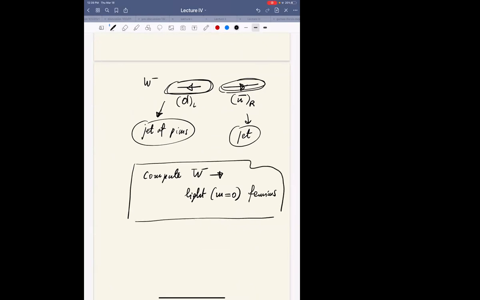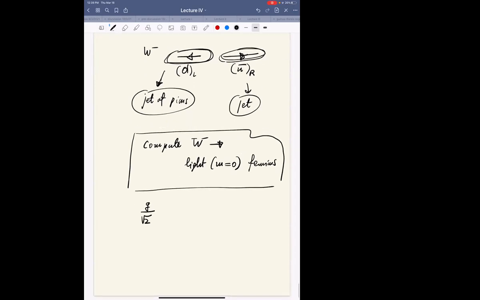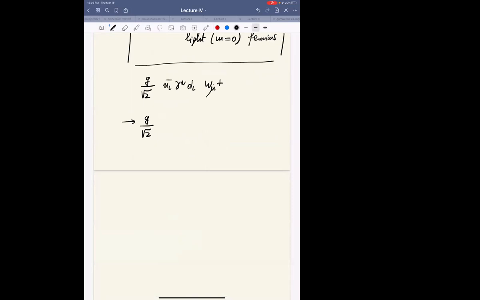We know the interaction. The interaction is g over square root of 2. It all starts from the Lagrangian, which gives me the amplitude g over square root of 2. Let's take neutrino and electron for simplicity.